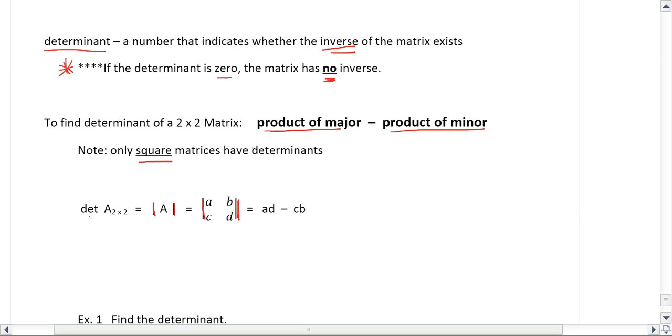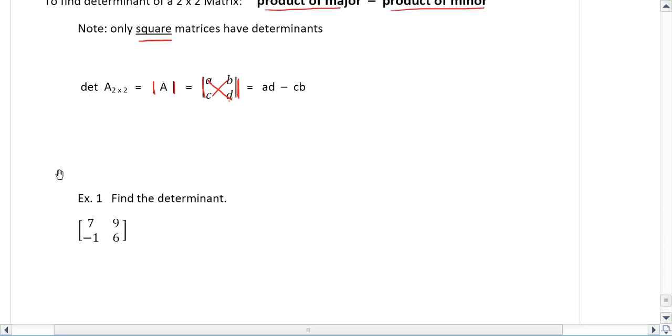So to do that, we take the product of the major. This is the major diagonal, A times D. So we do that multiplying. And then we subtract C times B, the product of the minor. So let's look at that with a number example.